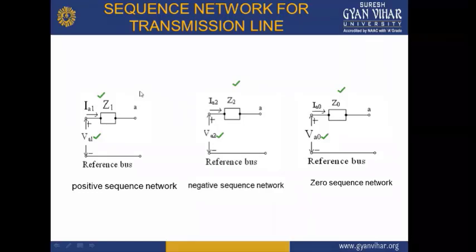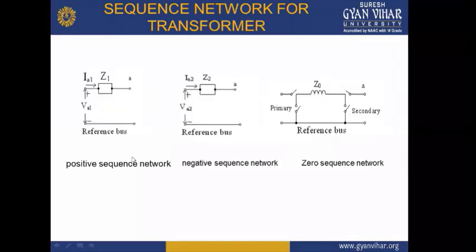Now look at this. This is the sequence network for the transformers. Similarly, as we discussed for the transmission lines, these are the positive, negative, and zero sequence networks for the transformers.